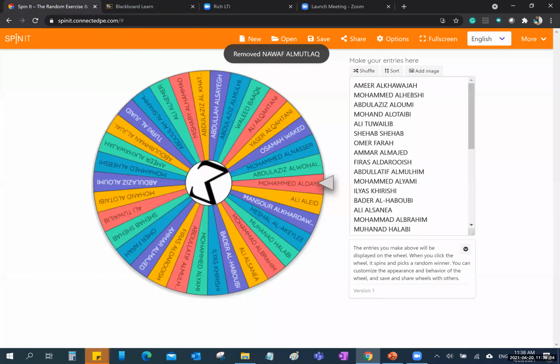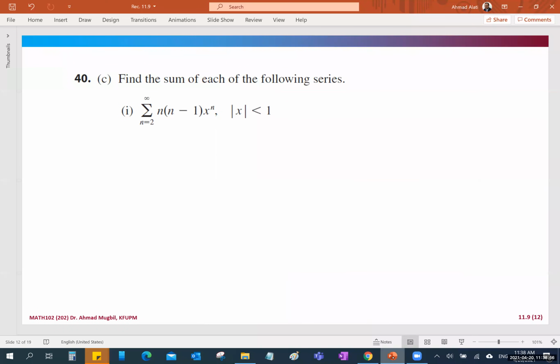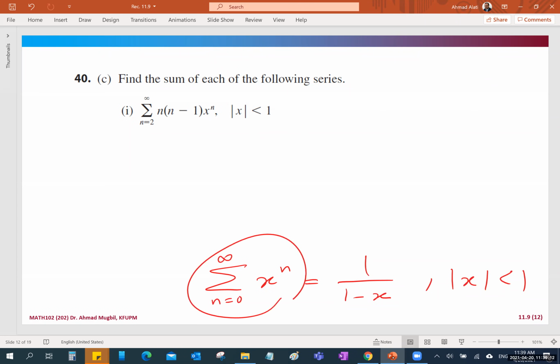Okay, Nawaf. Again, start with what you know, and then use it to find what you want. So we know this. What do you think? How do we go from here to here?